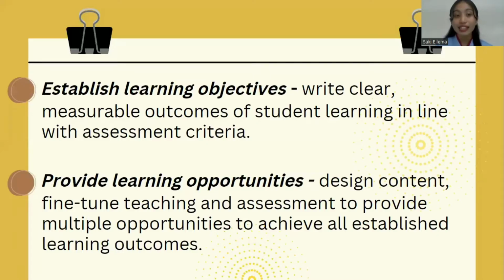When we say establish learning objectives, we should write clear, measurable outcomes of student learning in line with assessment criteria. Then we need to provide learning opportunities, design content, fine-tune teaching and assessment to provide multiple opportunities to achieve all established learning outcomes.